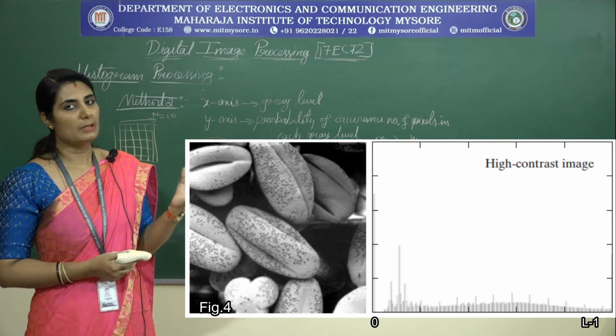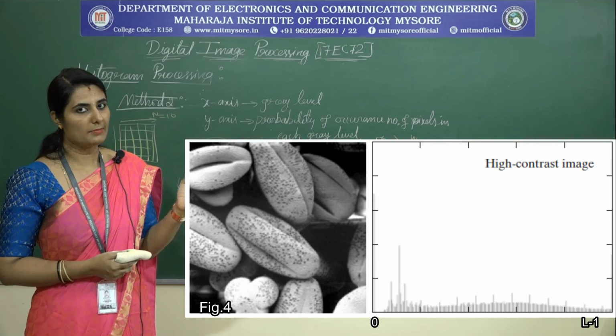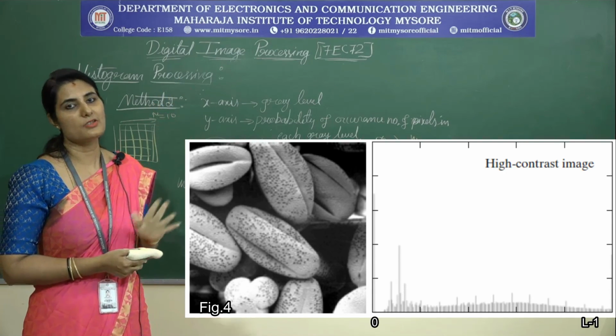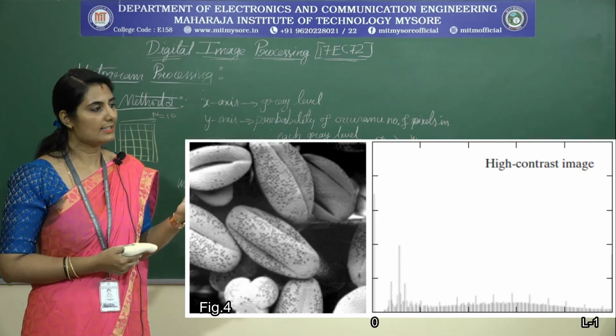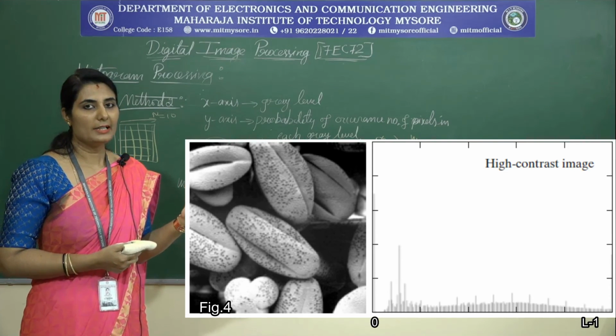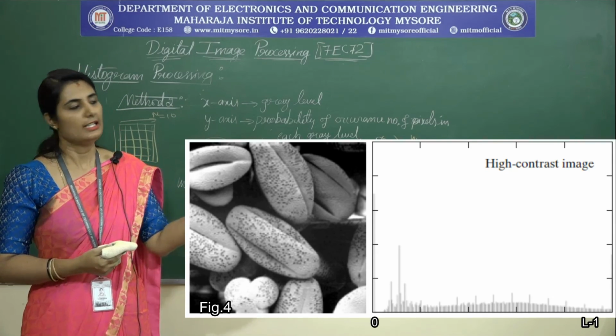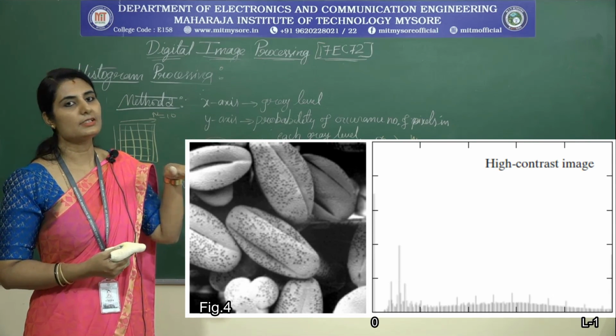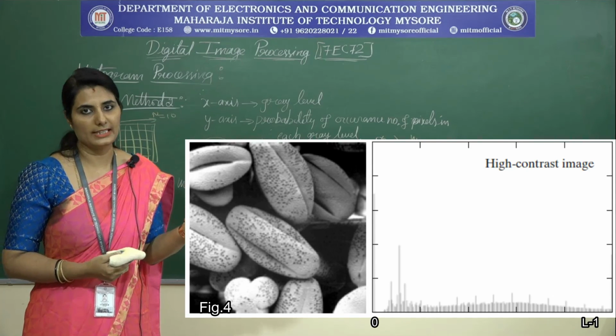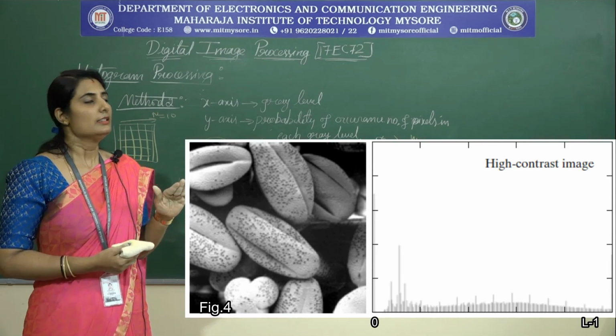If you compare this good quality image with the previous histogram plots, we can say that good quality images have flattened histogram plots, that is uniform and distributed over the entire range of intensity levels.